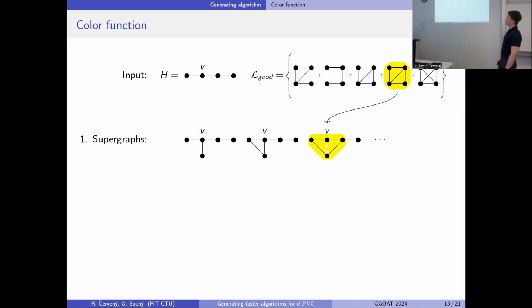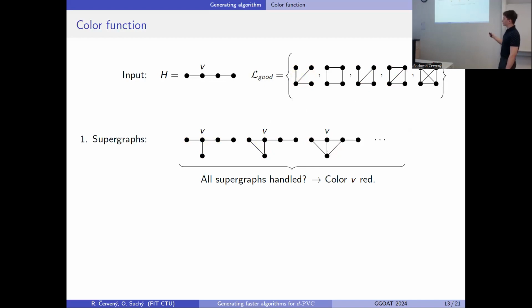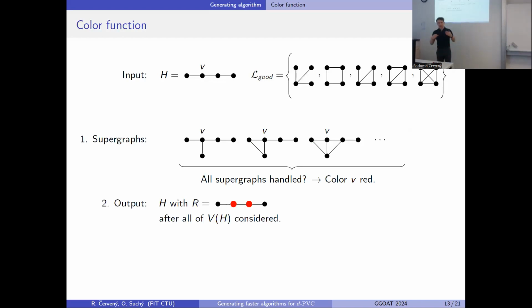If all of these structures are already handled, that means that if we find this occurrence in graph G, it cannot have a neighbor, because that would mean some other rule can be applied, and we can apply that rule instead. And that's the point of the color function.